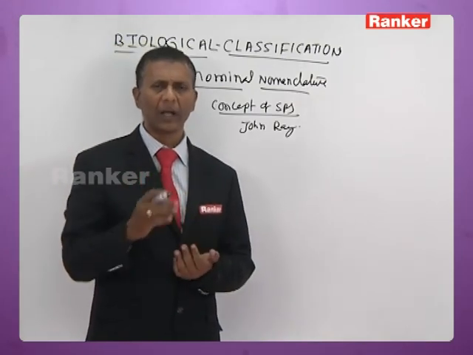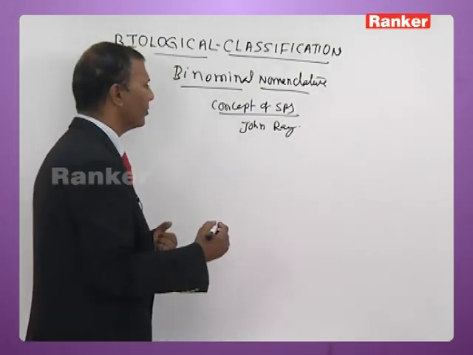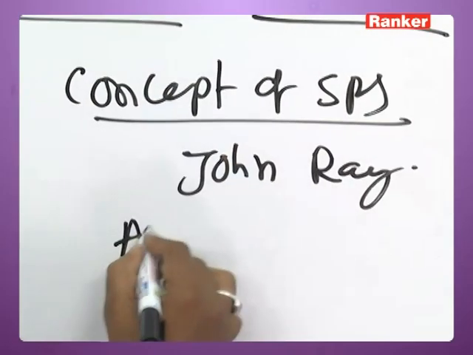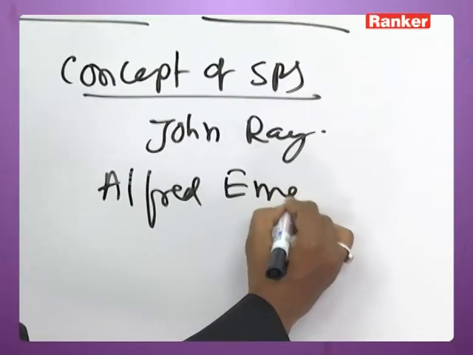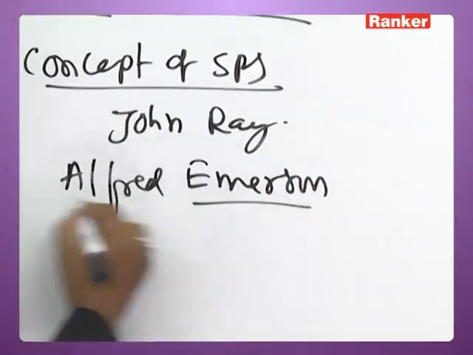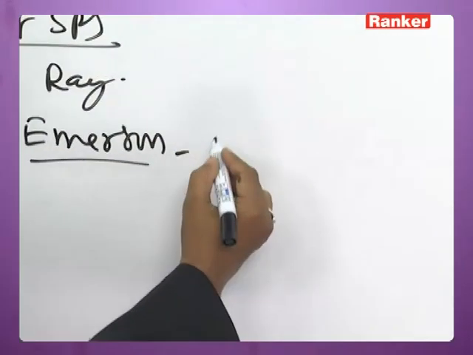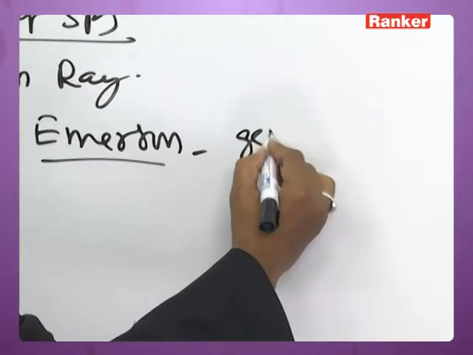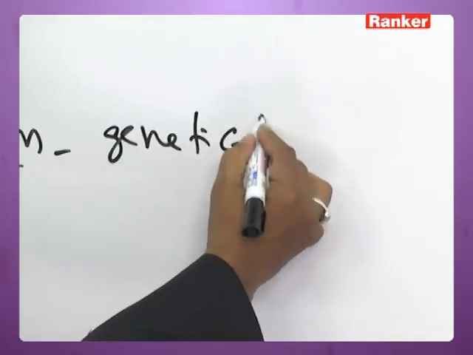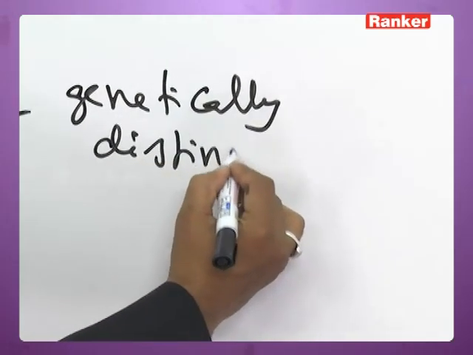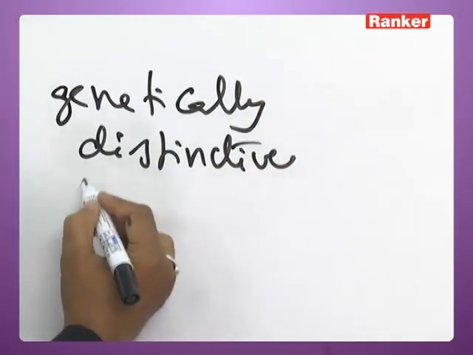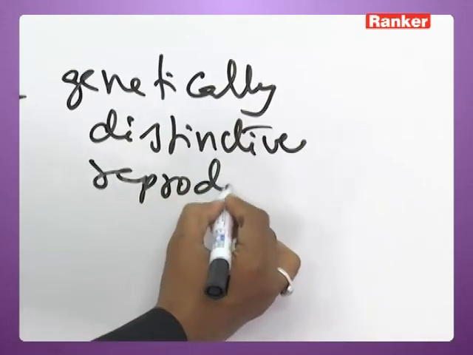There are concepts put forth by different scientists. According to Alfred Emerson, species is a genetically distinctive, reproductively isolated group.